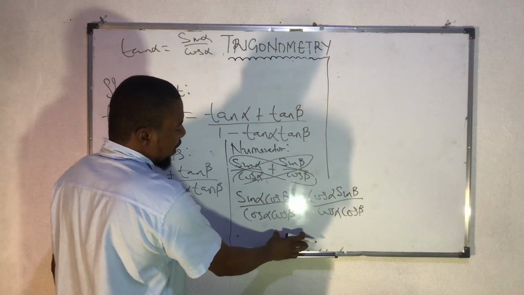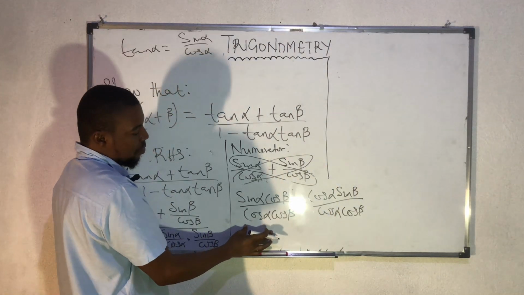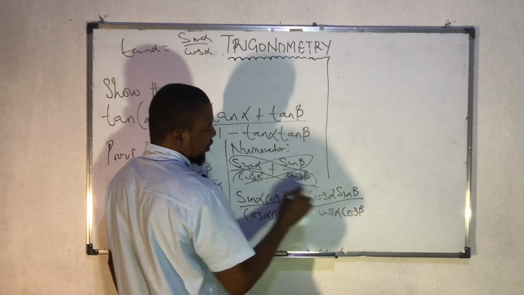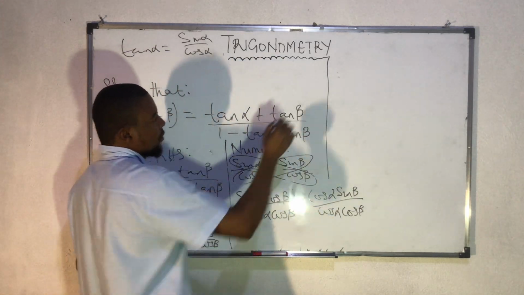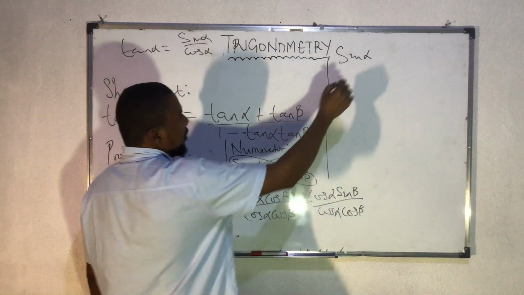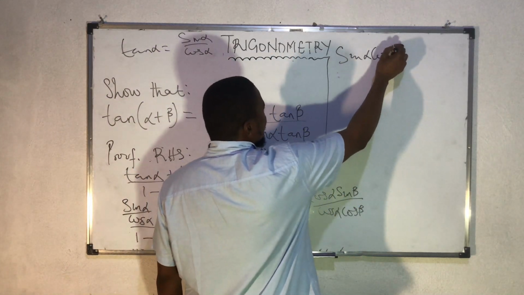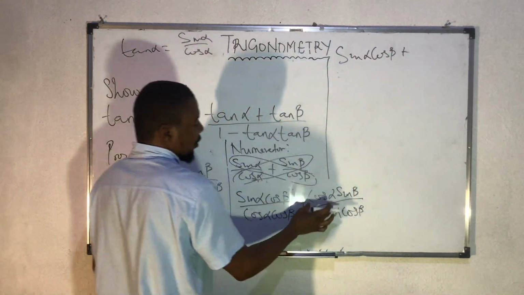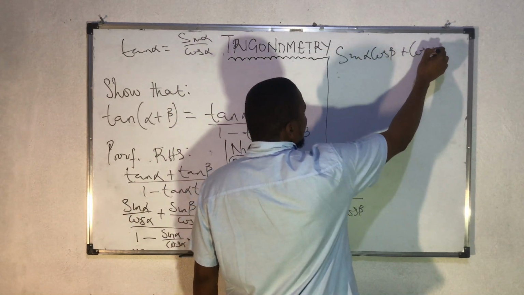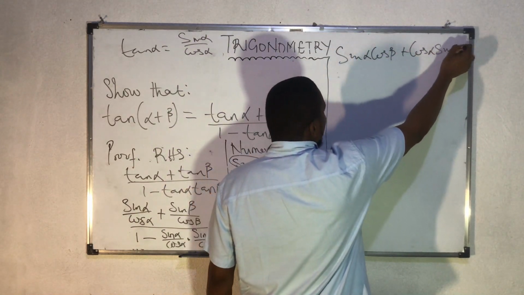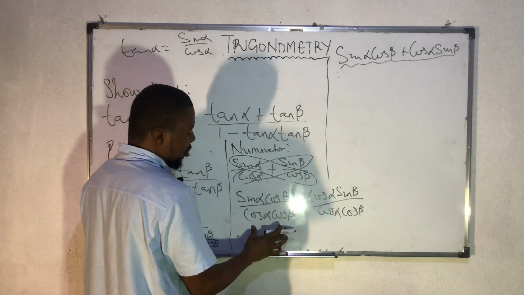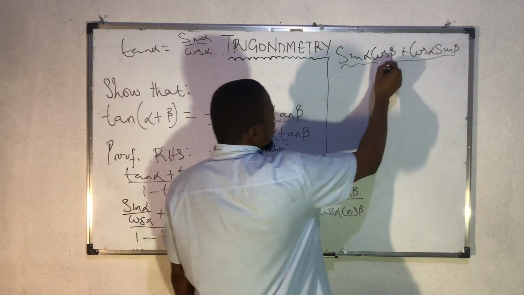Let's continue our work up here. I'm going to combine them right now because we have a common denominator, which is cos alpha cos beta. Here we have sine alpha cos beta plus cos alpha sine beta over the denominator, which is cos alpha cos beta.